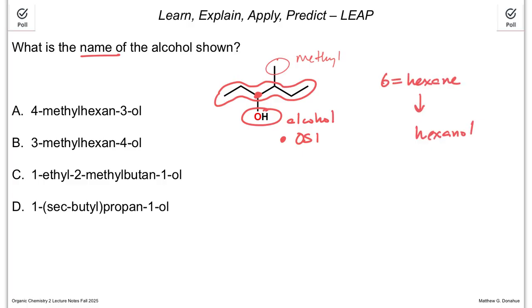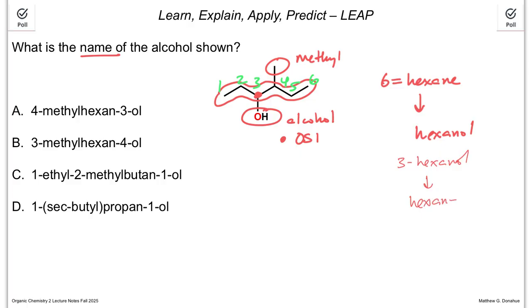But now we have to specify the position. And so in green, I'm going to number the chain the correct way. We would say it's 3-hexanol.